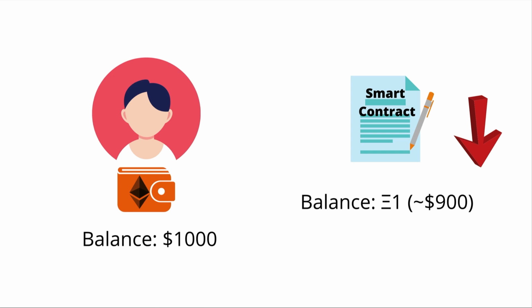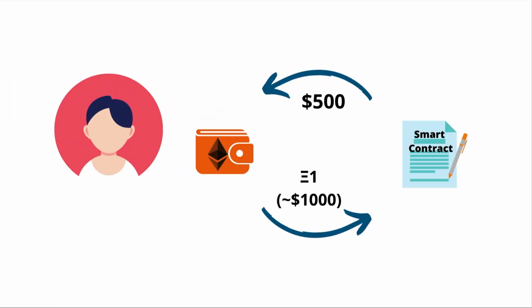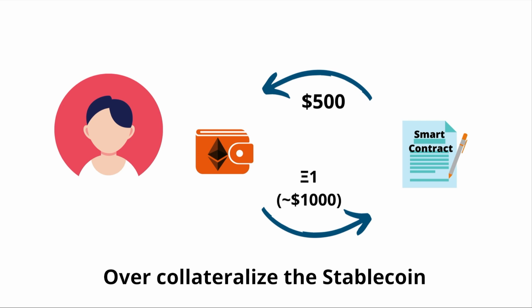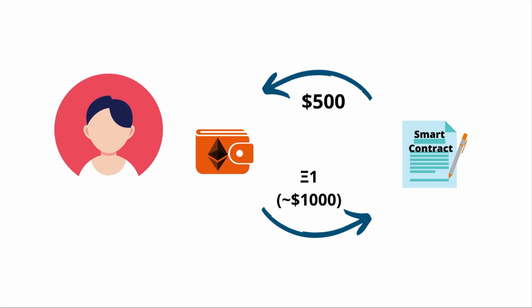So what's the solution? Well, the idea is we can over-collateralize the stablecoin. So when you deposit 1 Ether at a price of $1,000, you get only $500 worth of the stablecoin, or whatever ratio is defined by the system of the smart contract. The point is, we have some safety margin for when the prices fluctuate.